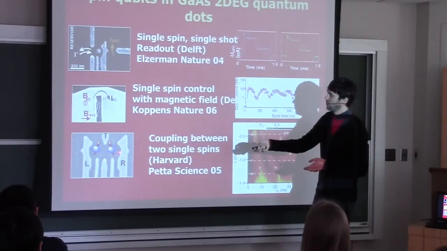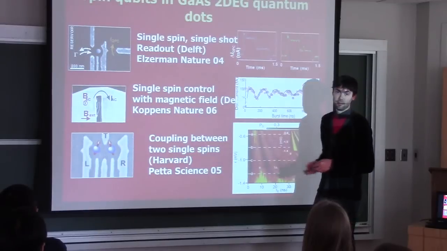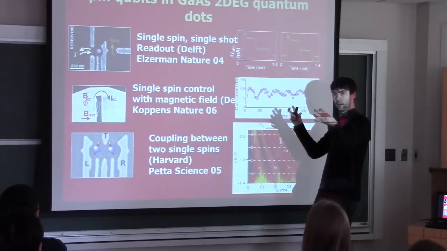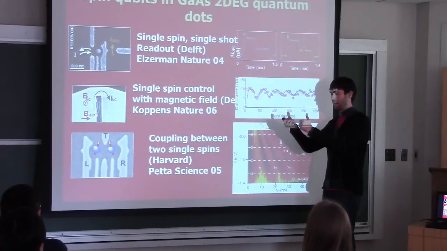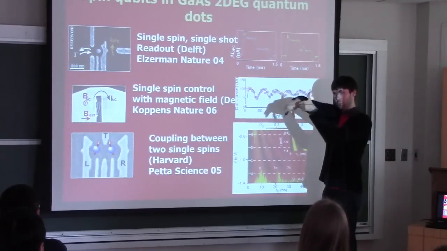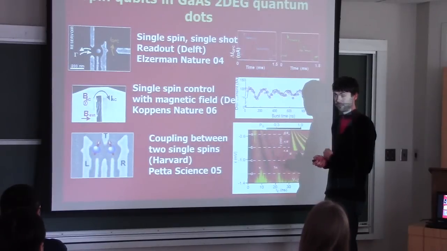And finally, in this experiment, they have made two copies of this one to isolate two spins coupled together. And by bringing them close and far apart, they were able to rotate from both spins pointing up to spins pointing in the opposite direction. So go from singlet to triplet.